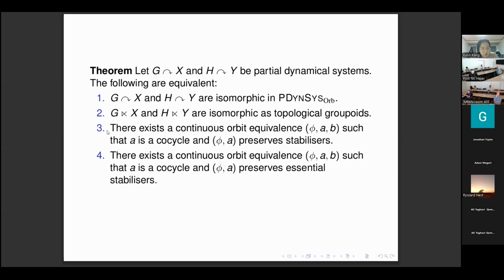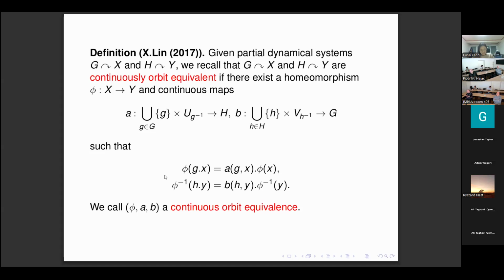And there are a few more things, but to explain this, let me introduce some notions. I will explain it later again. This is studied by Li.